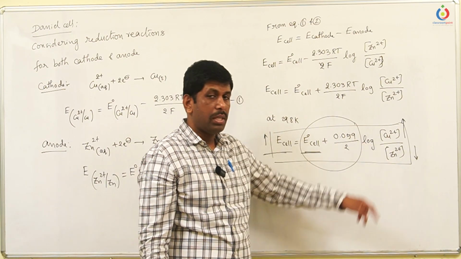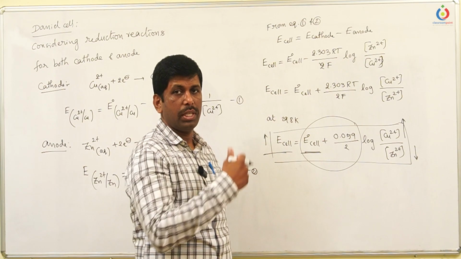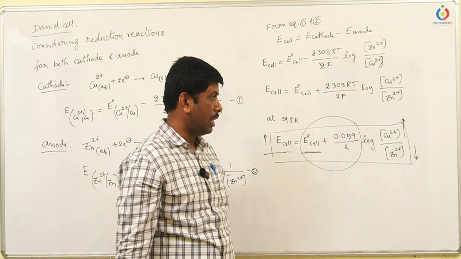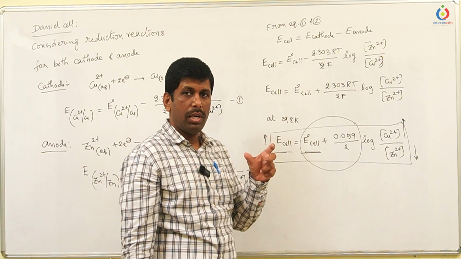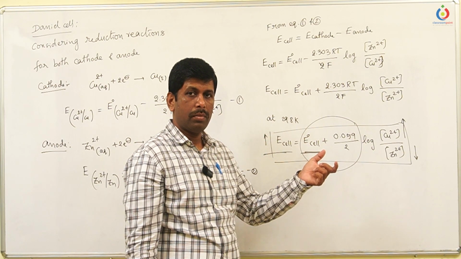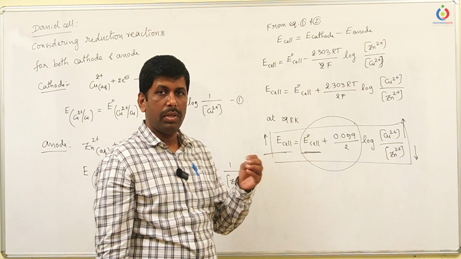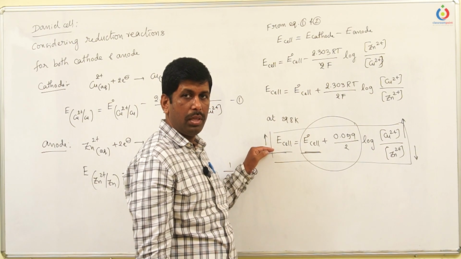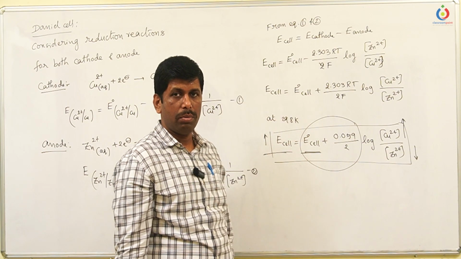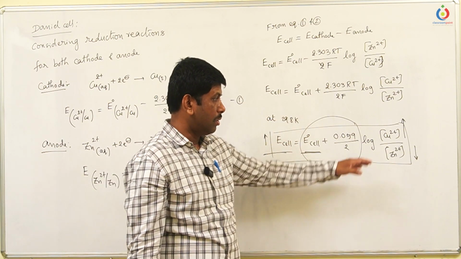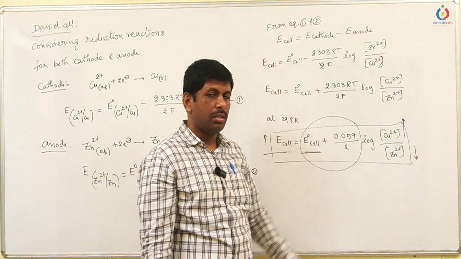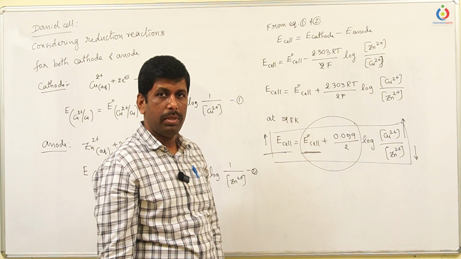Cu2 plus ions are present on the cathode side, and Zn2 plus ions are present on the anode side. That means the higher the electrolyte concentration at the cathode and the lower the concentration of the electrolyte at the anode, the more electrode potential will be developed in the galvanic cell or any electrochemical cell.